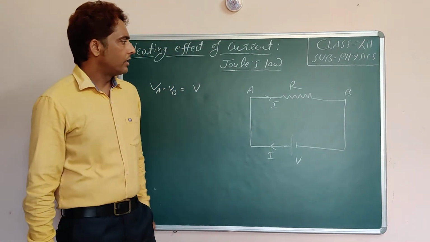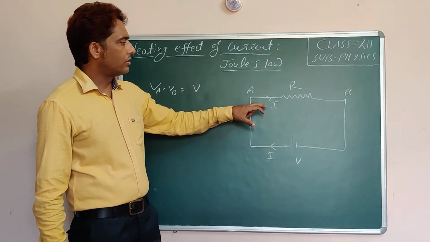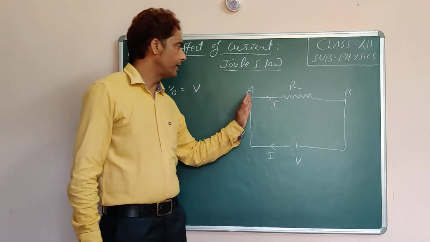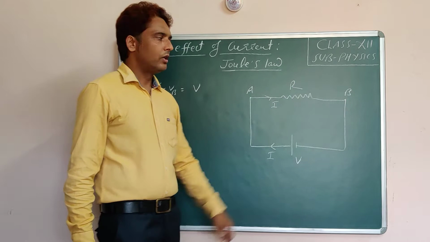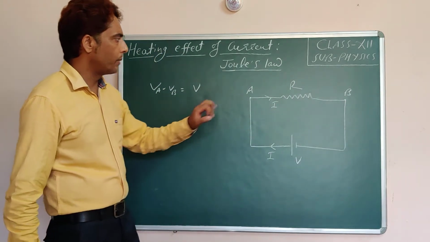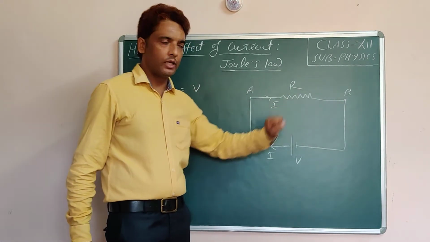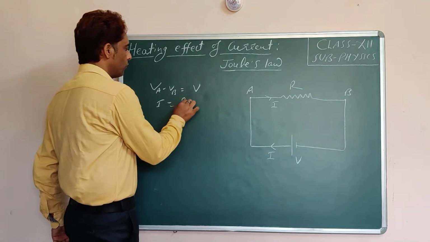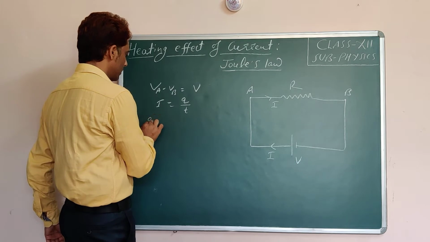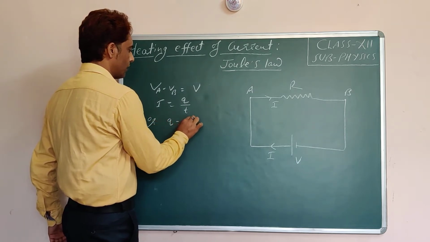Now we can calculate the charge which flows from end A to end B in time t. If Q be the charge which flows from end A to end B in time t, then we can write I is equal to Q over T, or Q is equal to IT.